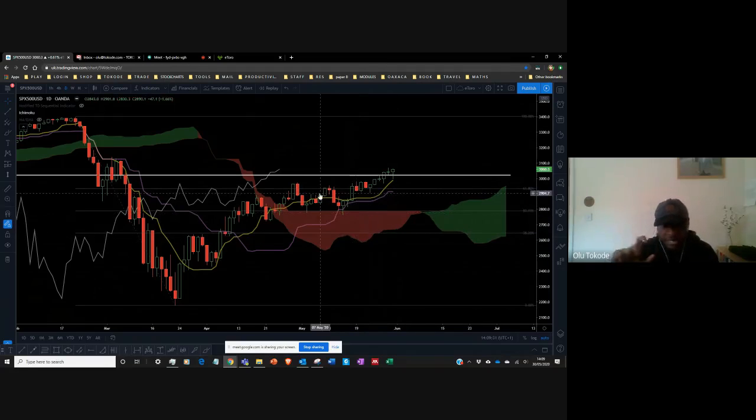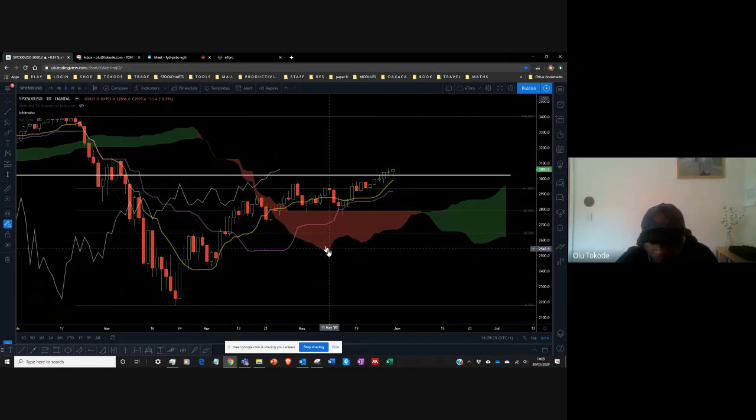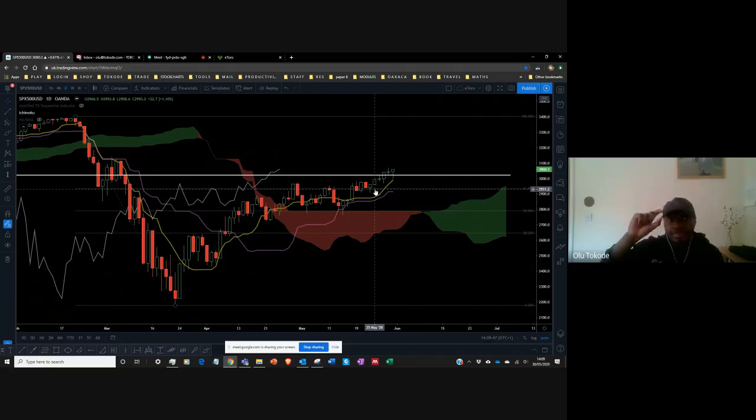So in between those lines is shading. The line above is this conversion line and this baseline, their highs and lows divided into two. That is their average, plotted 26 time periods in the future.